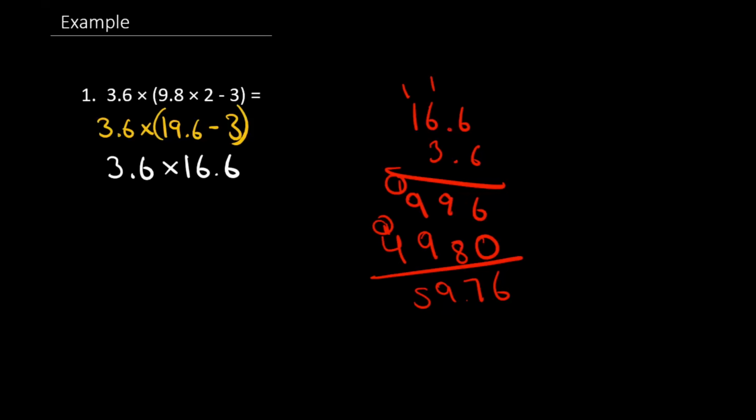And then we have to add a decimal point right here. So our answer is 59.76. Let me write it over here too, and let's box it to show that it's our answer.